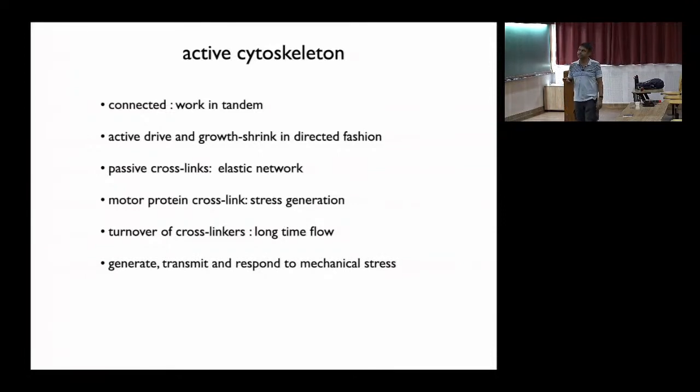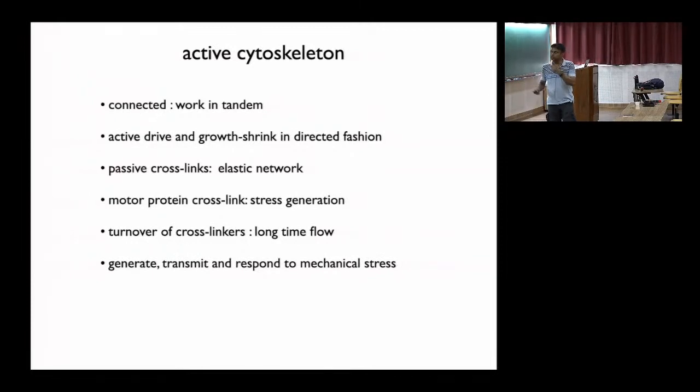These are generic points: in the cytoskeleton you have the microtubule cytoskeleton and the actin cytoskeleton. They are not really separated from each other. They are connected. They work in tandem. There is active drive due to molecular motors, and also growth and shrinkage can generate active drive, which for microtubules requires GTP hydrolysis. It's an active process, and it happens in a directed fashion. So there is a lot of activity in this.